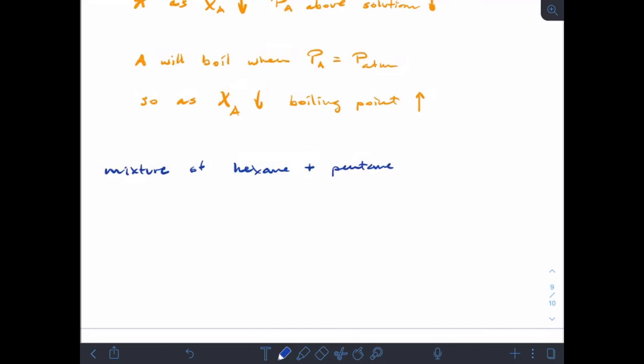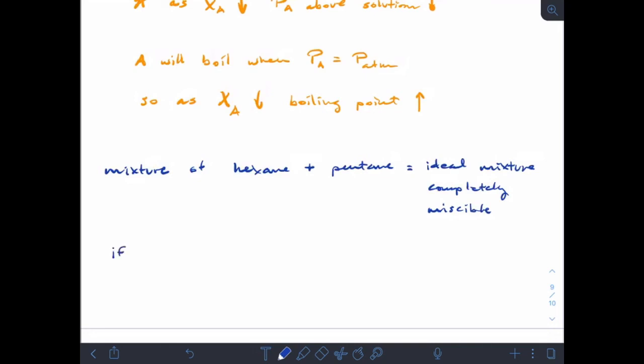All they have is dispersion forces. So this is what we refer to as an ideal mixture, because it's completely miscible. Mixes perfectly. Okay, so nearly identical intermolecular forces, so it mixes really, really well.